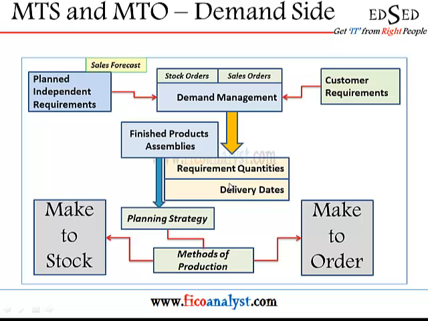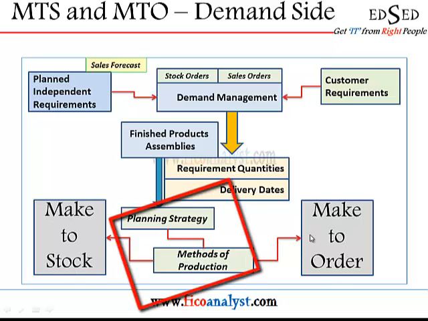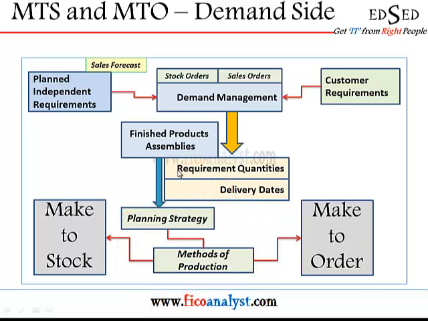Based on the planning strategy that you come up with for your production, you may have methods of production, make to stock or make to order. Make to order means you are producing the entire material for fulfillment of a particular customer order, or you may be producing and keeping it in stock, and later on delivering that stock.